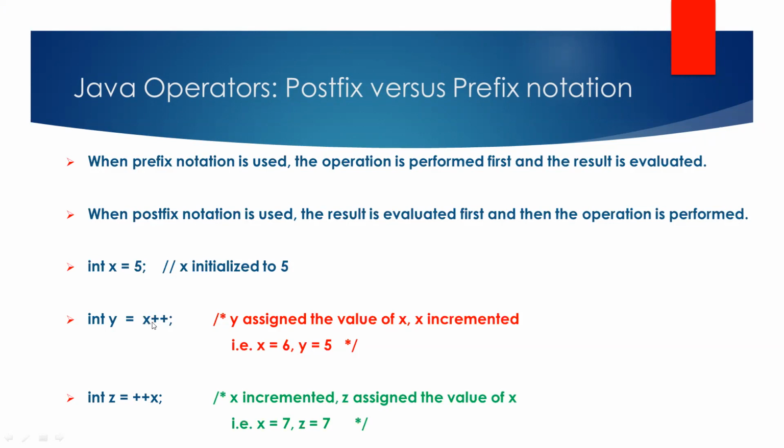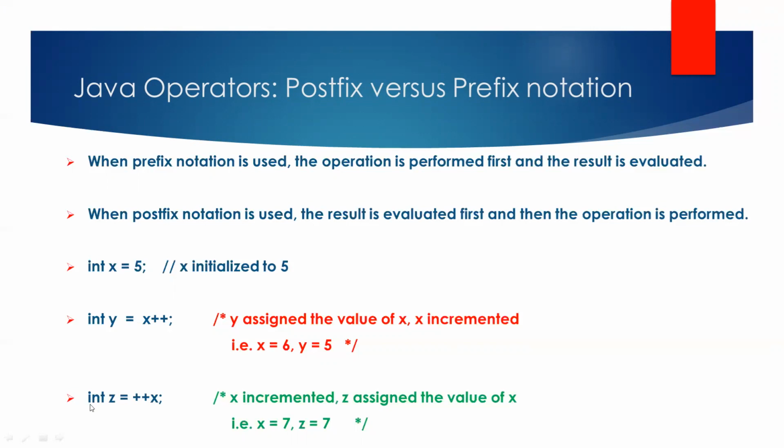This 5 will be assigned to y, and after that, the operation is performed, that is increment or decrement. So x will be incremented by 1. In this case, y will be 5 and x will become 6. So this is the postfix.